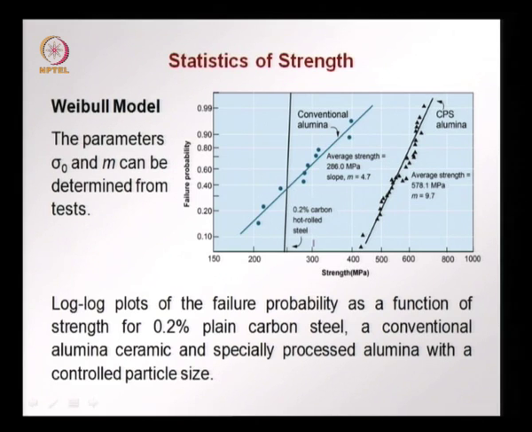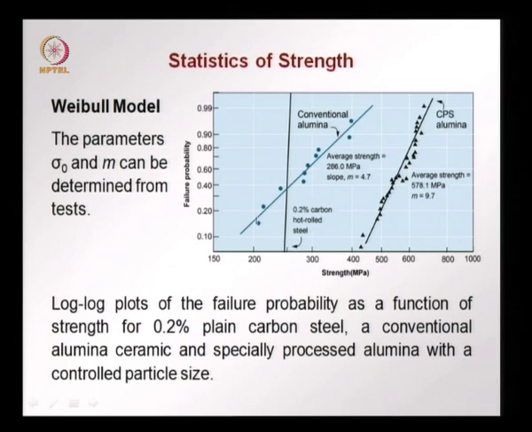These are tests showing data from steel, alumina and a processed alumina. We find that the slope is higher for a conventional alumina ceramic. For steel it is almost vertical, that means m is very high, there is a very high probability that failure will occur only here.